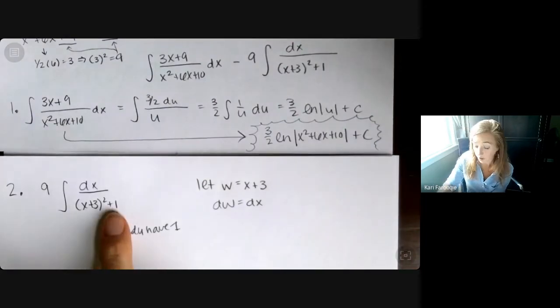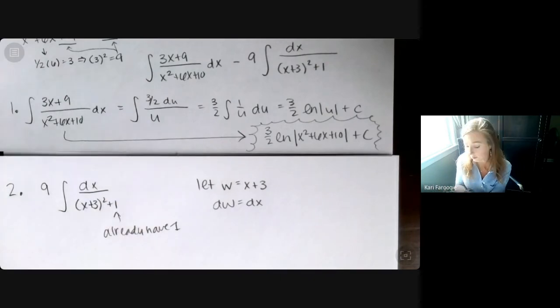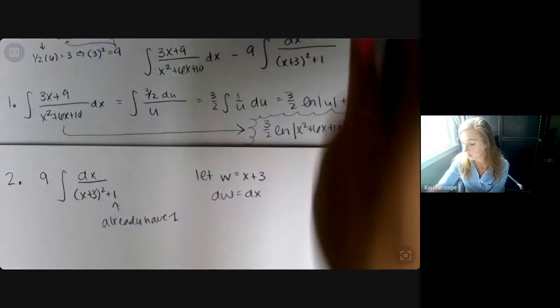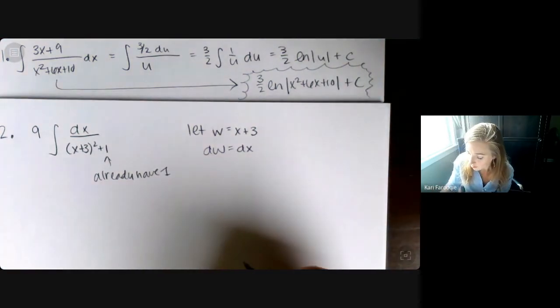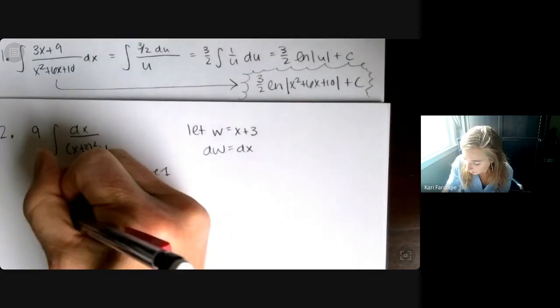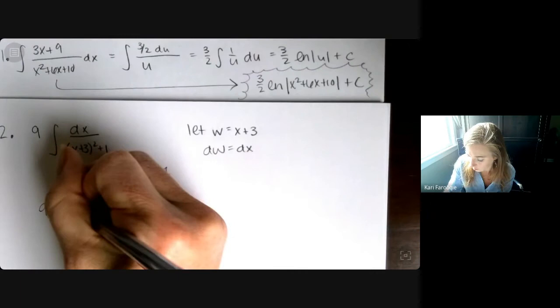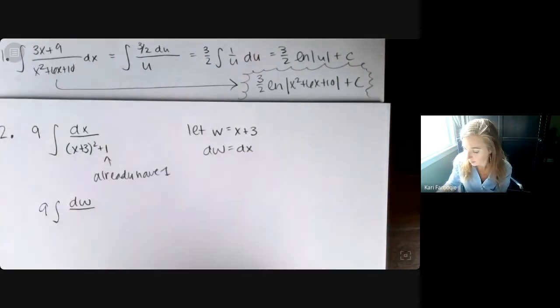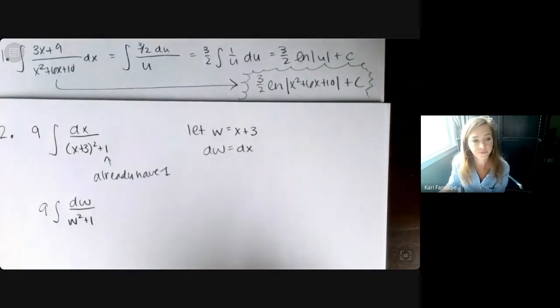I already have the 1. So you might be thinking, isn't there something missing? Don't we need to do more? Actually, this integral is going to be super straightforward. We've already done the work that we need. The hard part was just rewriting it into the two different integrals. So this is 9 times the integral of dw over w squared plus 1.